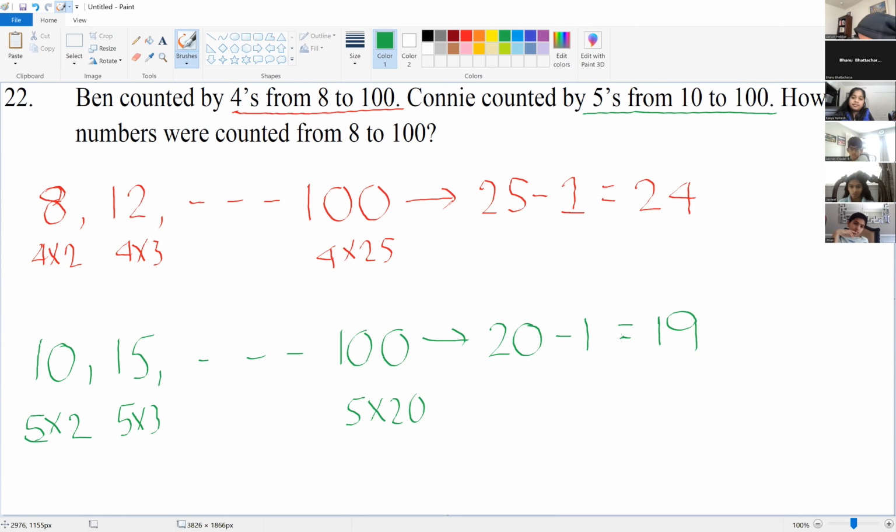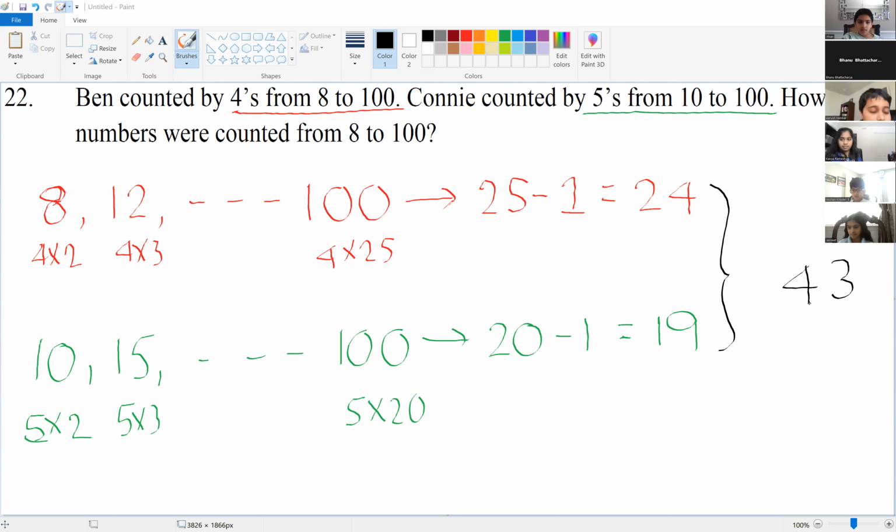Okay, so that's 19. Is that my answer then? No. So total 43. Nate, what do you have to do next? I added them. So it's 43. Do you think 43 is the correct answer? No, there is one more piece that is missing.